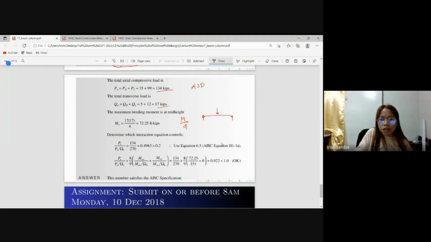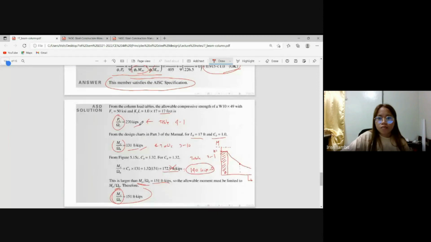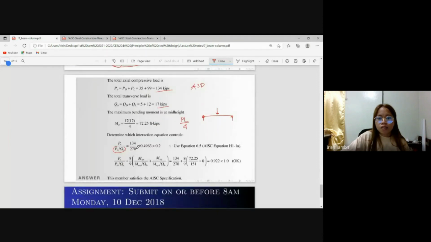The applied load is only 34 divided by the value from the table in the ASD, which is equal to 270. The value is 0.4963, which is greater than 0.2, meaning the same equation as in the LRFD will prevail.